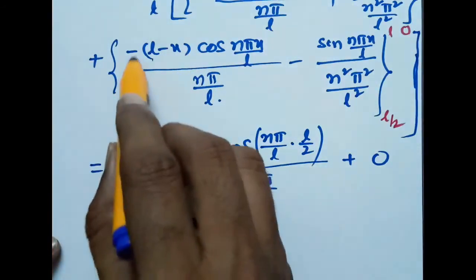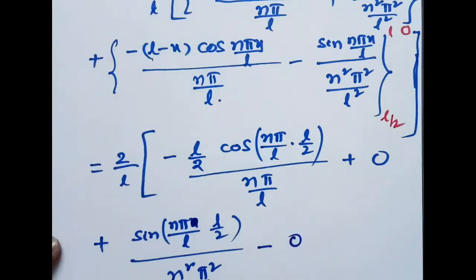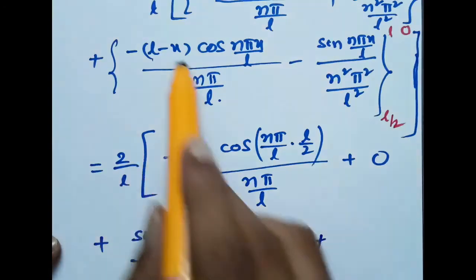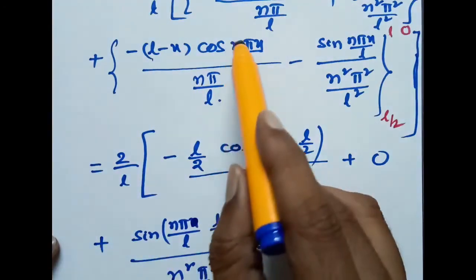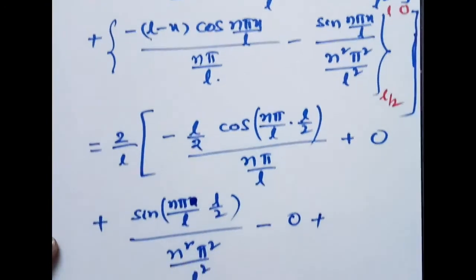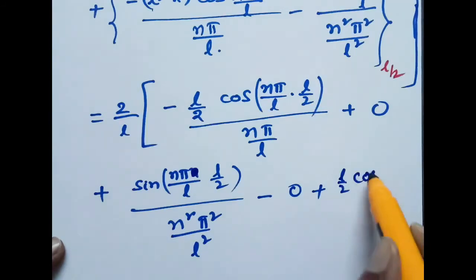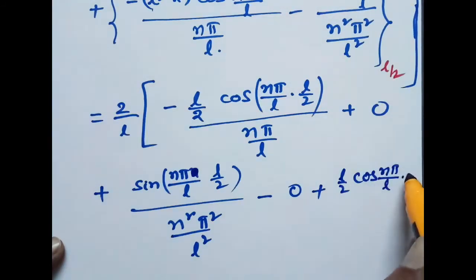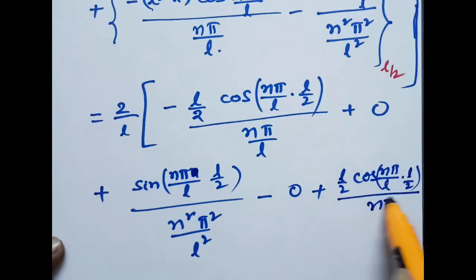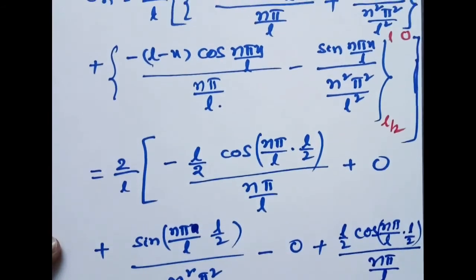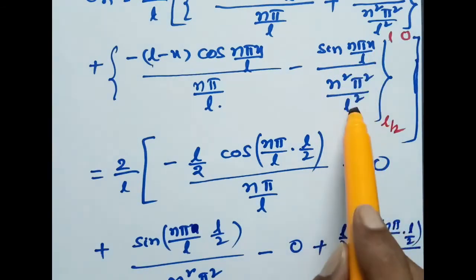Therefore this term becomes a minus 0, and lower limit minus of minus plus (L minus L by 2), L by 2 into cos(n pi by L into L by 2) by n pi by L. Again here minus upper limit sin(n pi by L into L) by (n square pi square by L square).